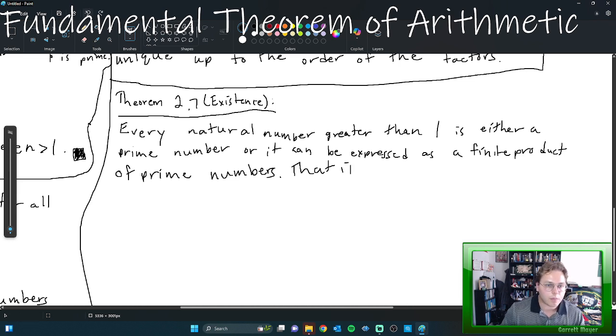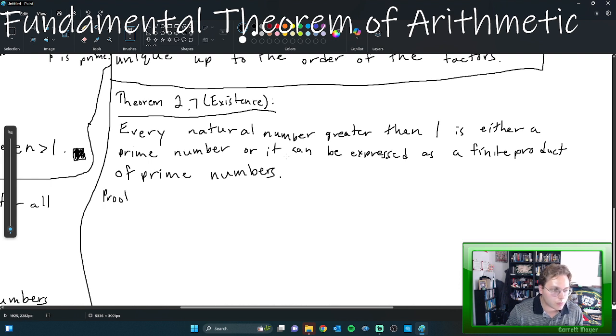The textbook restates the theorem a couple of times. For brevity, I'm just going to leave it at this. The way it kind of explains it, we're going to see later on. But I'll explain it in the statement of the inductive step a little bit.